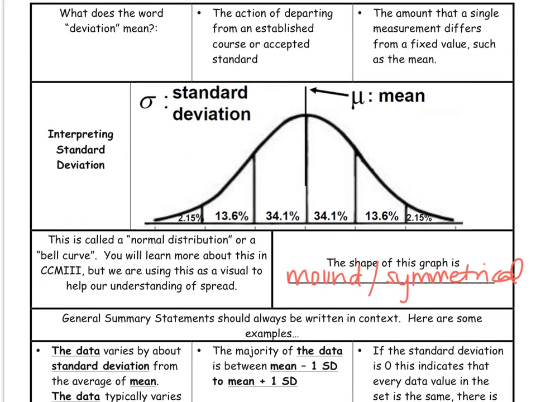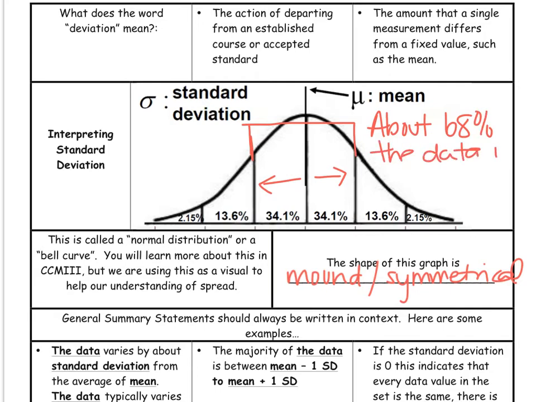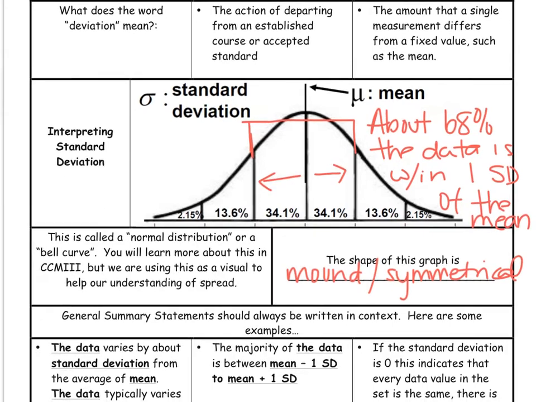If we look at this data set here, whatever this data is measuring, the majority of our data is between one standard deviation of the mean going this way and one standard deviation going that way. So about 68% of the data is within one standard deviation of the mean, meaning it's one standard deviation more or one standard deviation less.